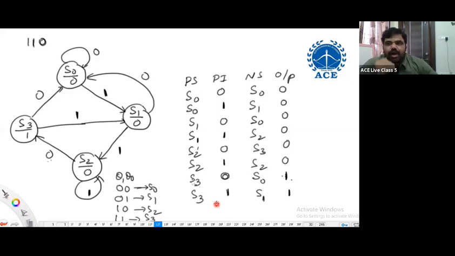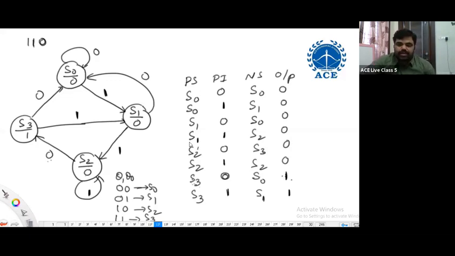But I have done an optimal implementation by observing the number of states is four. To differentiate four states, the minimum number of flip-flops required is two. Triveni, I'm optimizing the number of flip-flops.